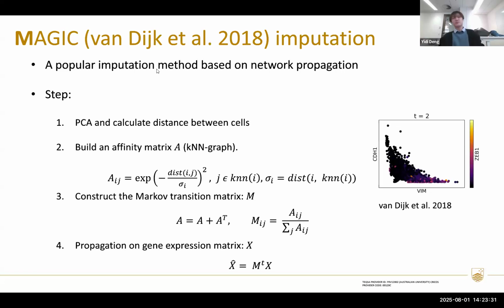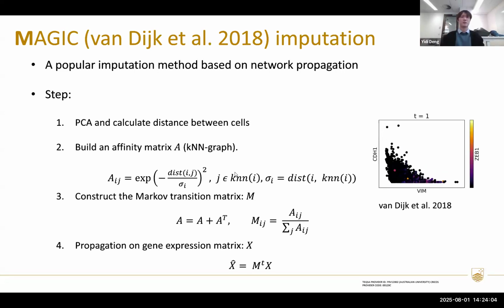Actually, it is very intuitive. In the first step, we perform PCA on the gene expression data and calculate the distance between cells in this PCA space. Then we apply an adapted Gaussian kernel on the distance matrix to construct the affinity matrix, which is essentially a KNN graph in which each cell is connected with its k nearest neighbors with the most similar expression.